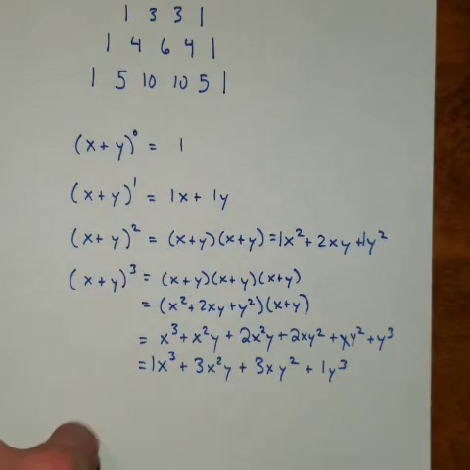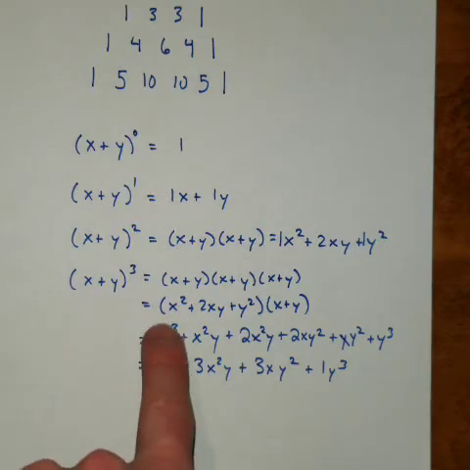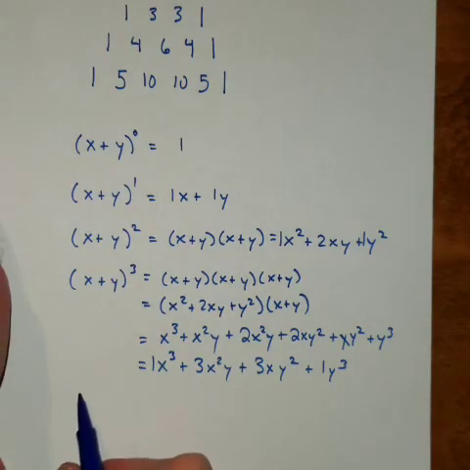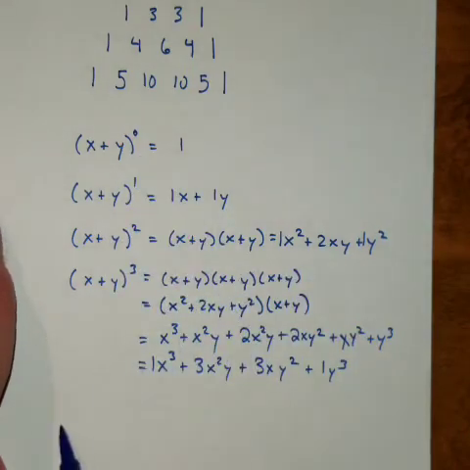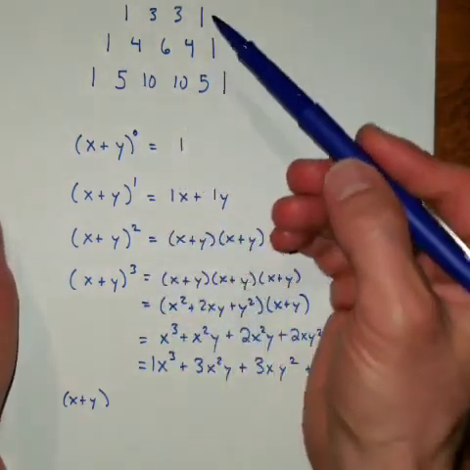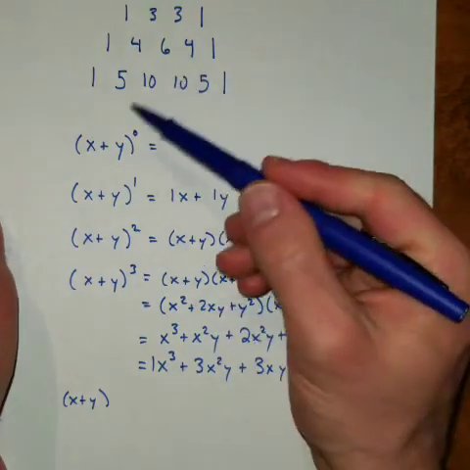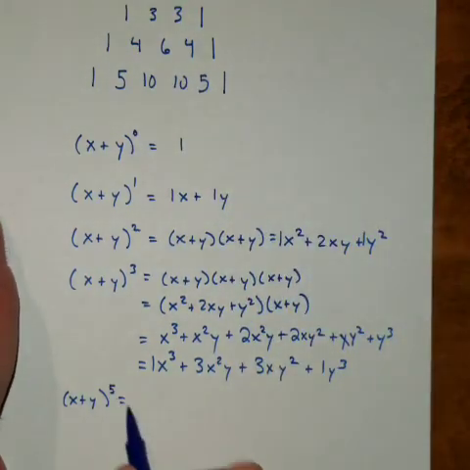And so without even really having to do all of this distributive property, I could just jump right to the answer if I wanted to raise, let's say, x plus y to a power of, let's say 5, right?